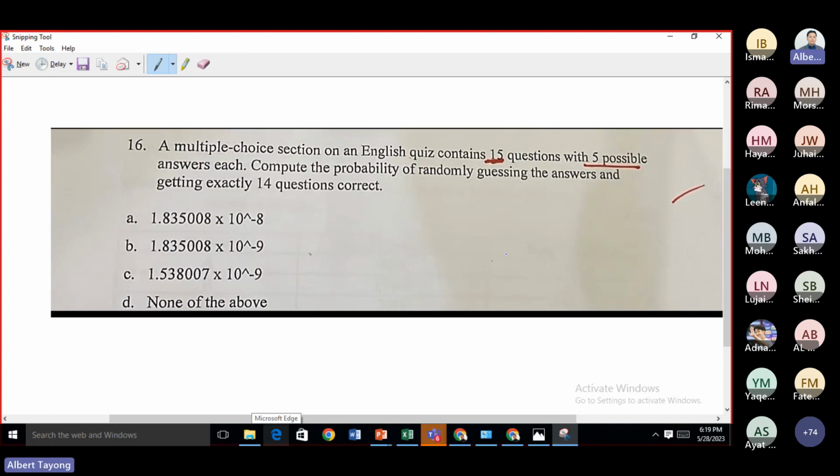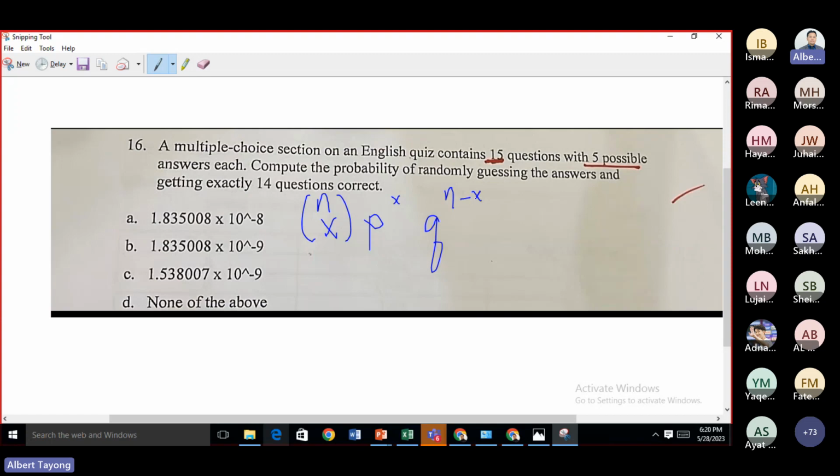So here we have 15 questions with 5 possible answers each. Compute the probability of randomly guessing the answers and getting exactly 14 questions correctly. So actually here you're going to use this formula: n choose x, p raised to the power of x, and here we have q raised to the power of n minus x.